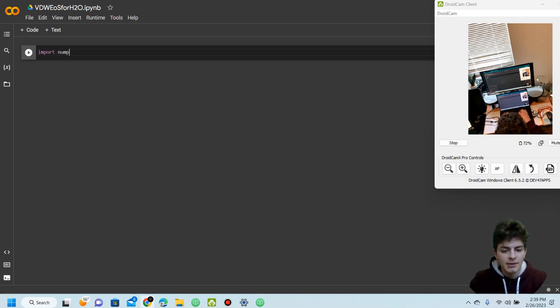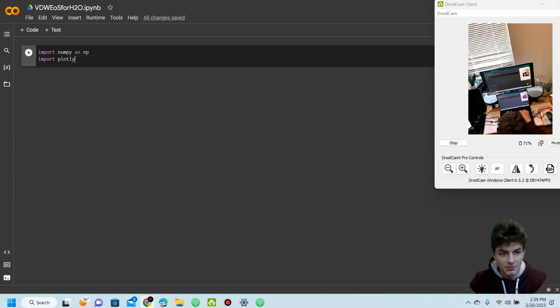So to do that in Python, I'm of course going to import my NumPy, and we need to import some sort of plotting function if we're going to plot them. So I like plotly.subplots. That should be a from import make subplots.